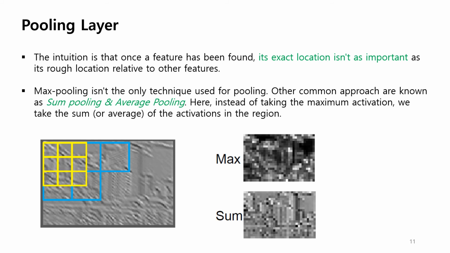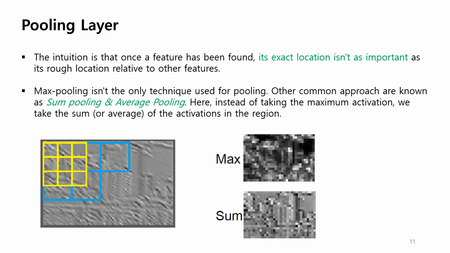So the node in the pooling layer looks at a certain area of the feature map and chooses the maximum value of the area. That becomes the value of the pooling layer node, right? If you remember the meaning of the feature map value, suppose one node in a feature map has a very high output.